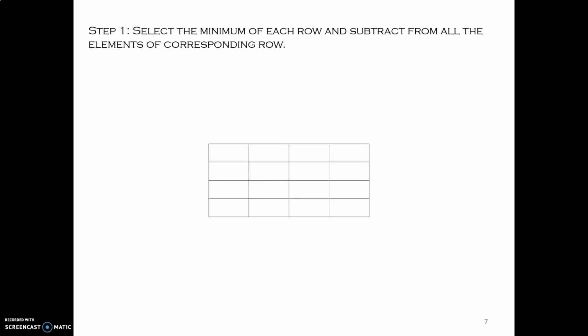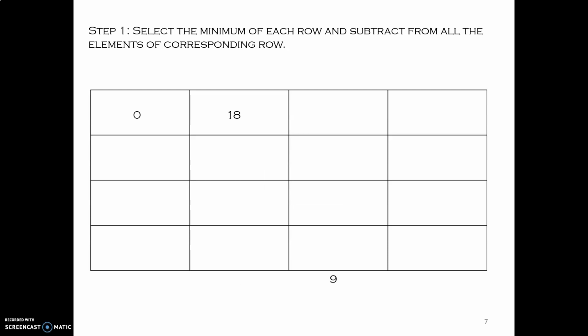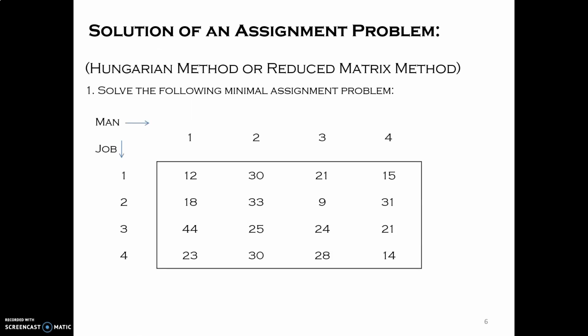This is the first step. The first step says: select the minimum of each row and subtract it from all the elements of the corresponding row. That means you have to take the first row and subtract from it. For example, in our case, the first row has 12, 30, 21, and 15, so the minimum will be 12. I'll be subtracting 12 throughout the first row.